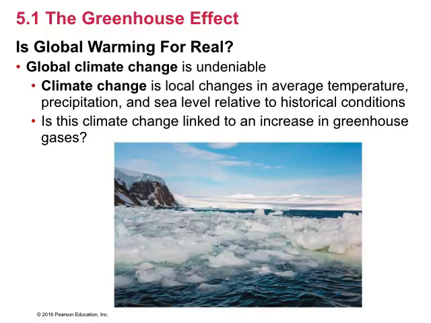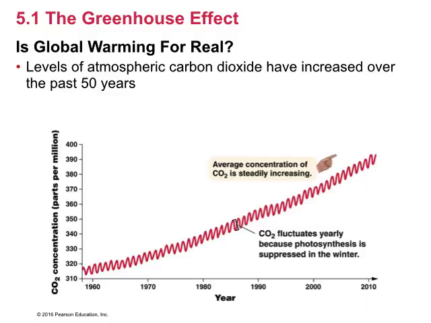But now the question is, is climate change linked to an increase in greenhouse gases? And the reason we ask this is because the levels of atmospheric carbon dioxide have increased over the past 50 years. So we're able to actually measure historical atmospheric CO2. And you can see on this graph, you have on the y-axis CO2 concentration, and on the x-axis time in years.